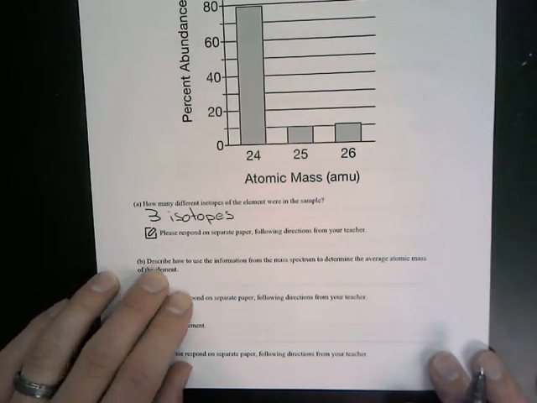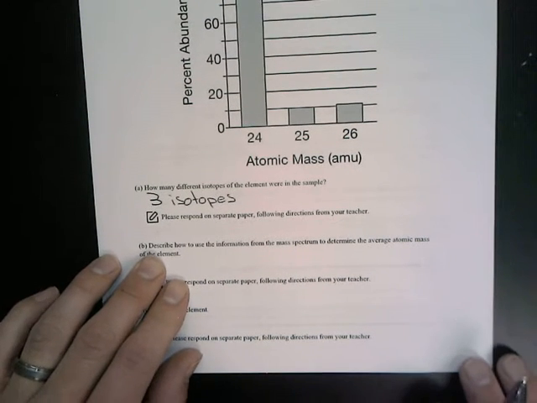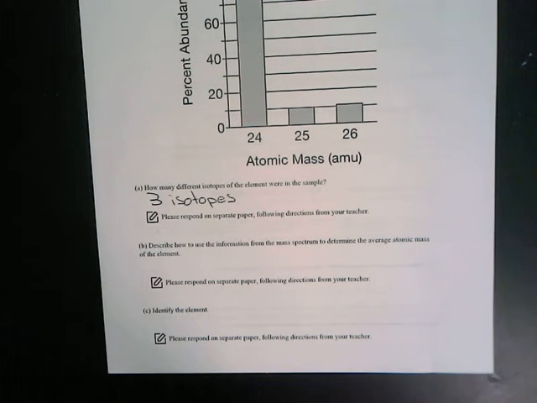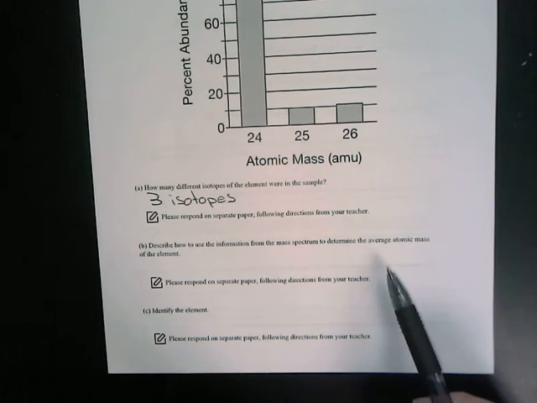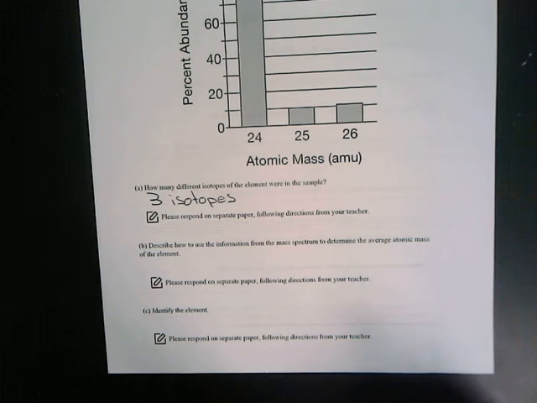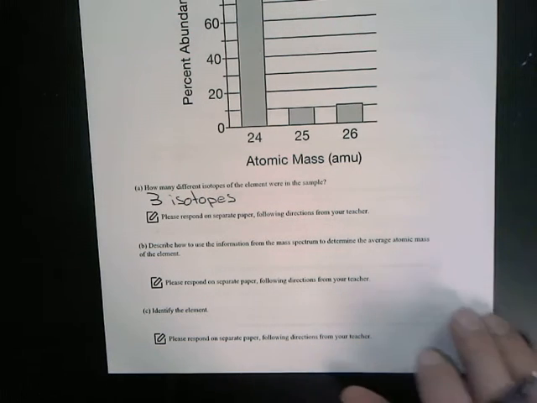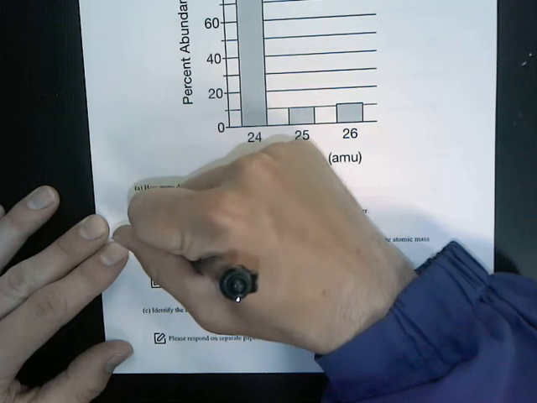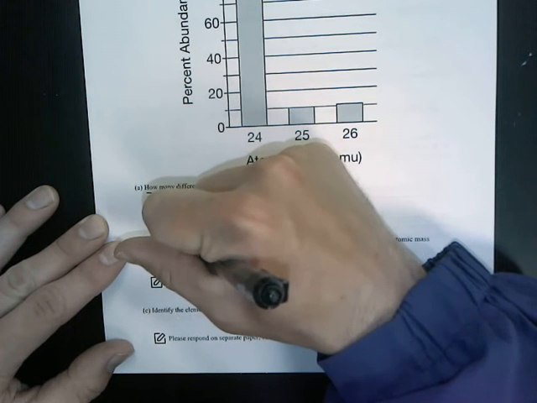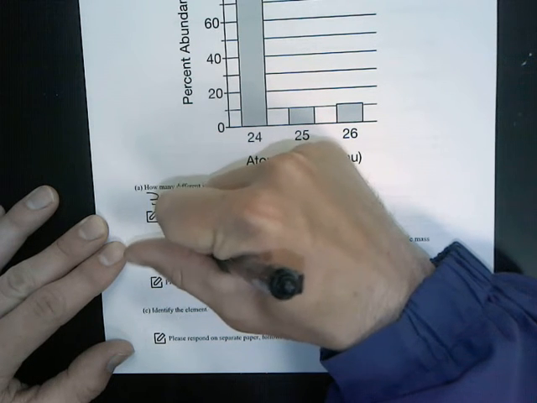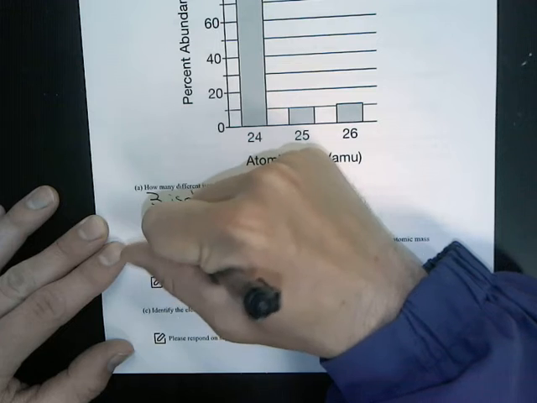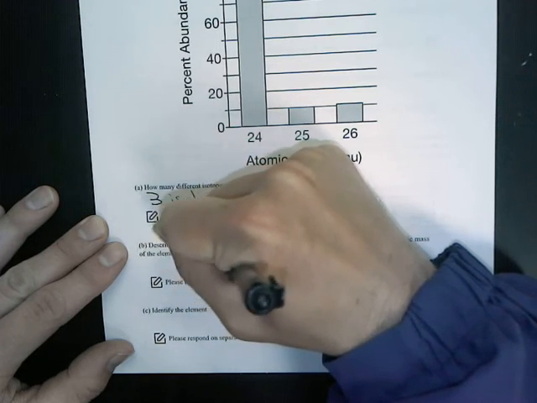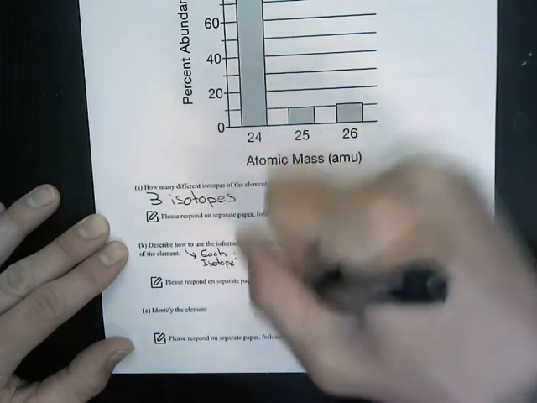with this here, it says part 2B, describe how this information can be used to calculate the atomic mass, or the average atomic mass of the element. So for this here, I'm going to write the formula. For each isotope, what we need to do is this.